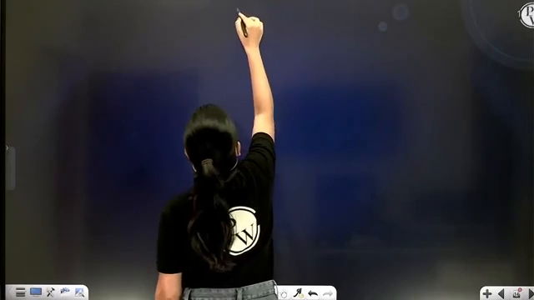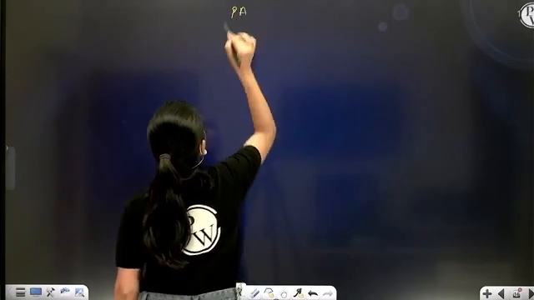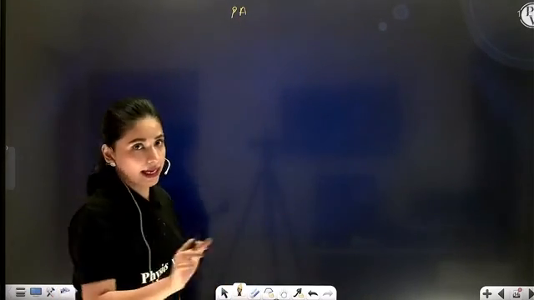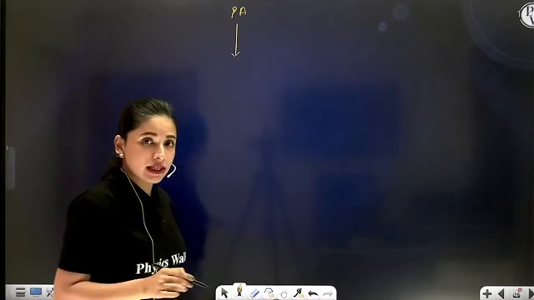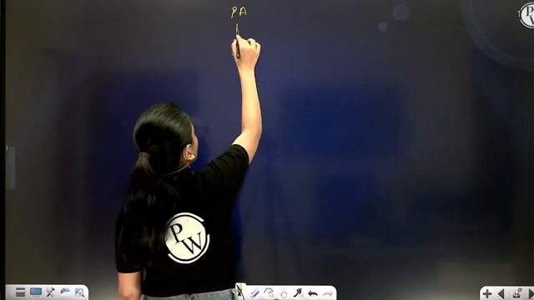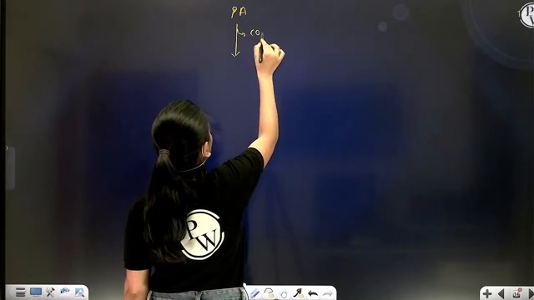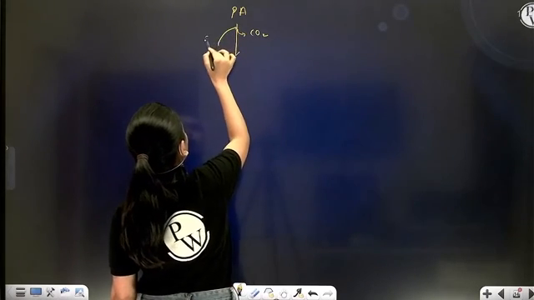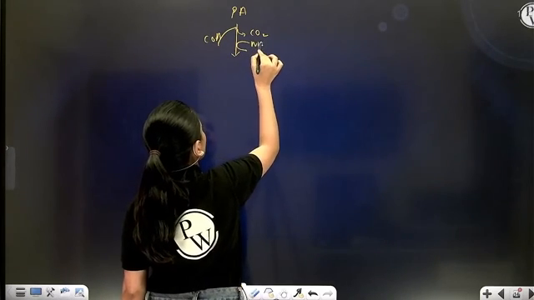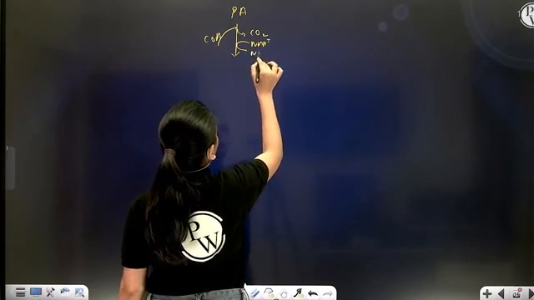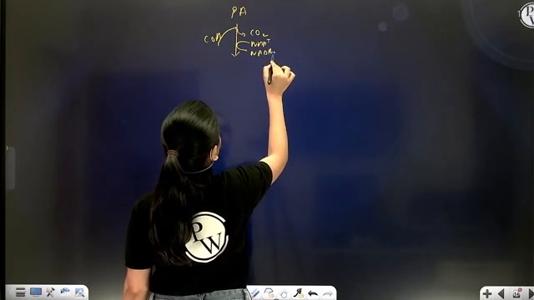First, in the matrix of mitochondria, pyruvic acid entered, right? Which has undergone oxidative decarboxylation. That means removal of CO2, addition of coenzyme A, and reduction of NAD positive into NADH2. Right?